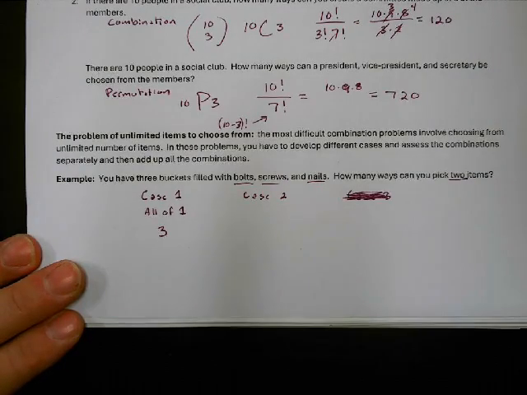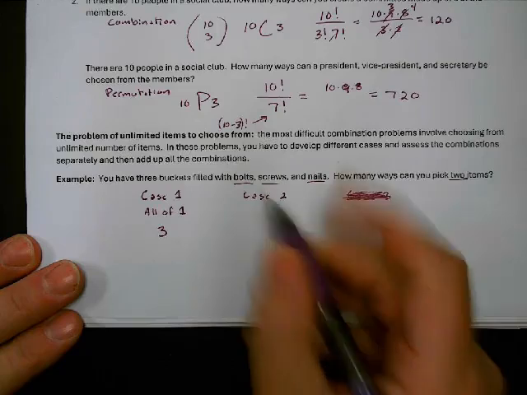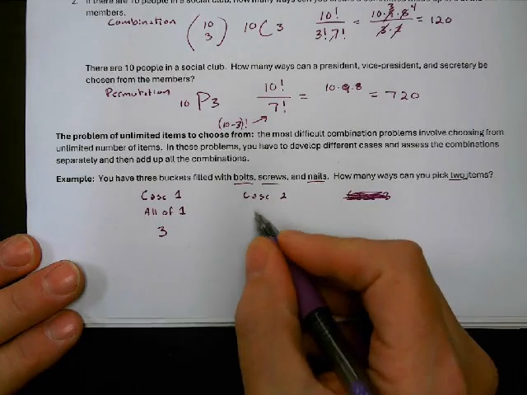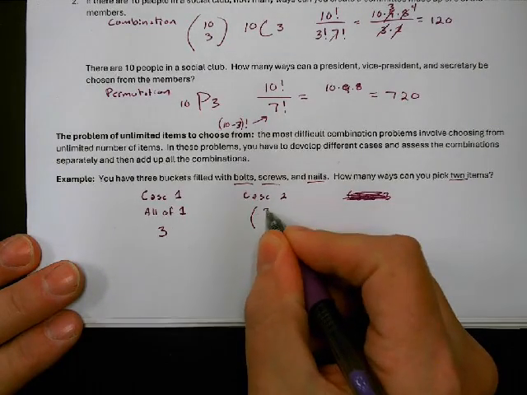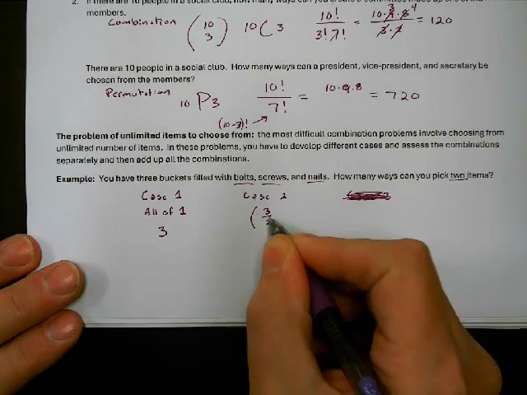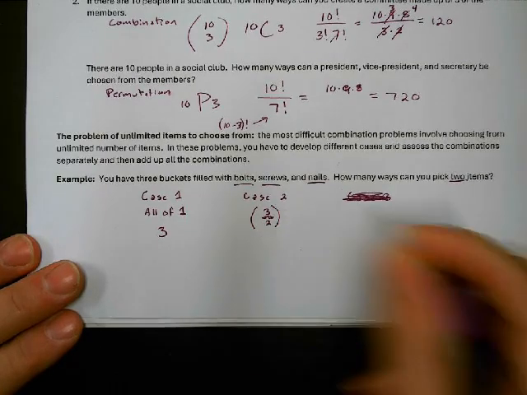However, if they're different, I'm only getting 1 of one and 1 of another. If they're different, then this would be a 3 pick 2 scenario.